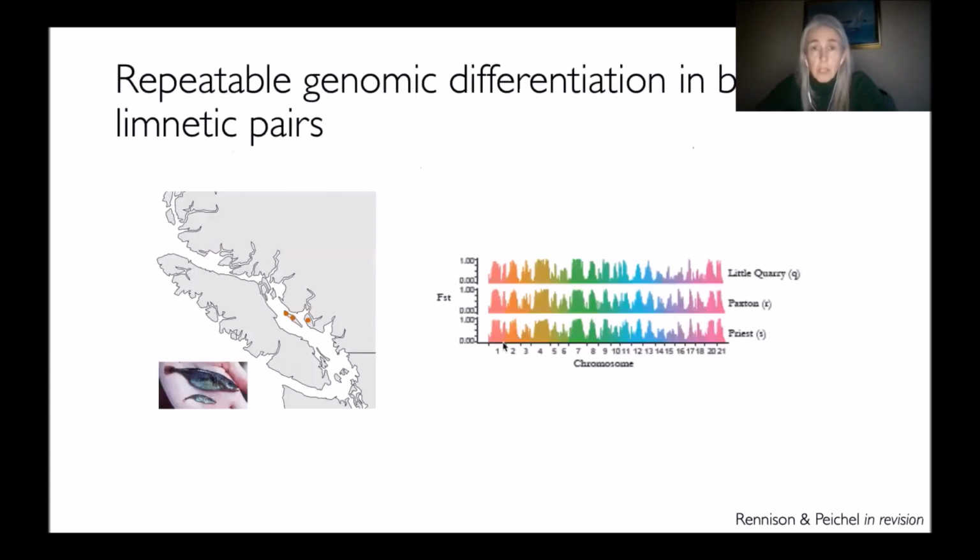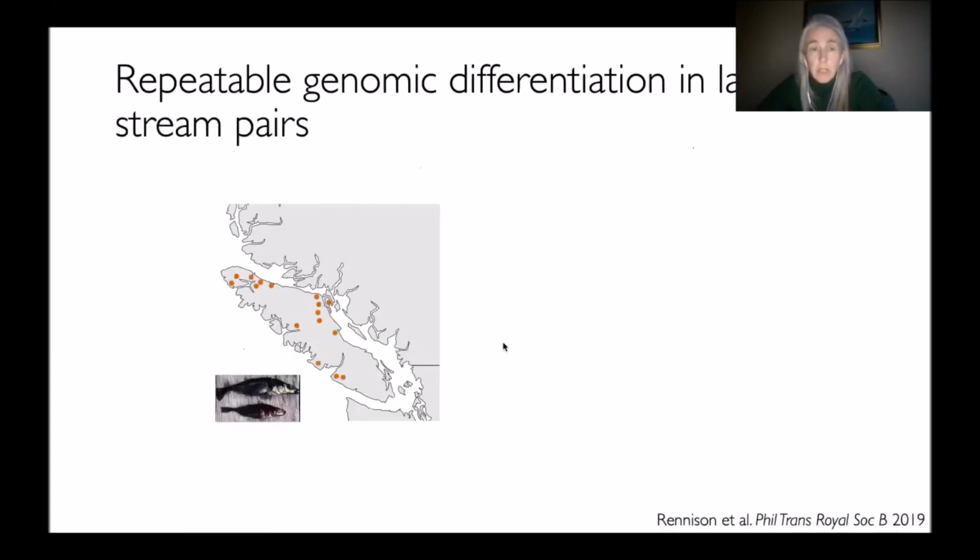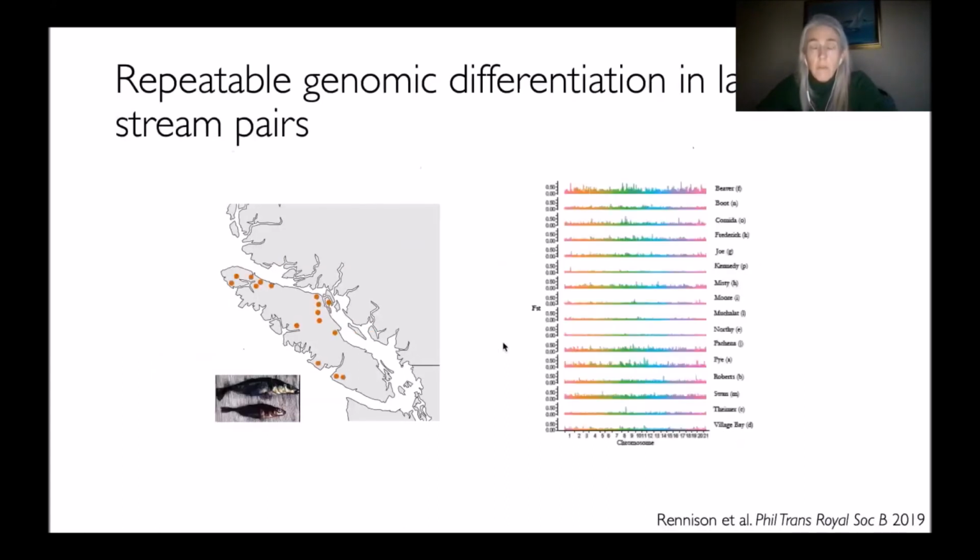Across the 16 lake-stream pairs, we see not so striking patterns. The overall levels of FST are not the same, and these really repeatable patterns across the genome are not the same. But as I'll show you, we do find some repeatability of regions of genomic differentiation.